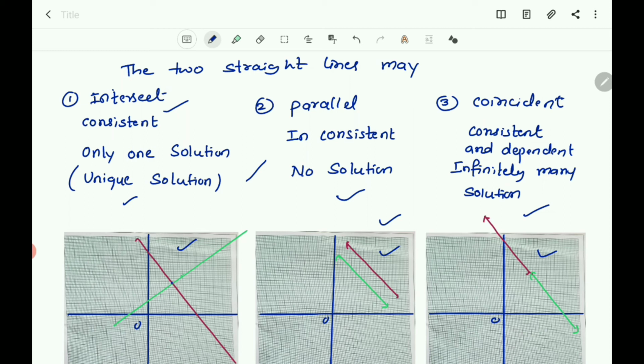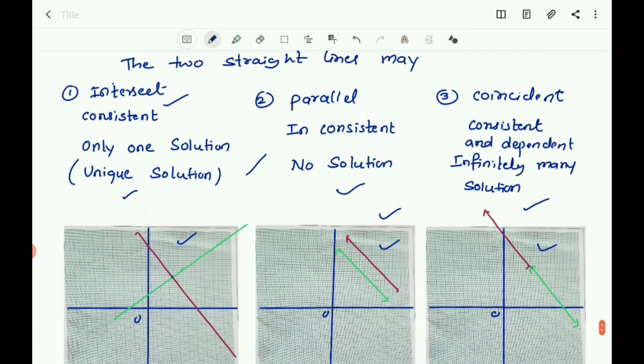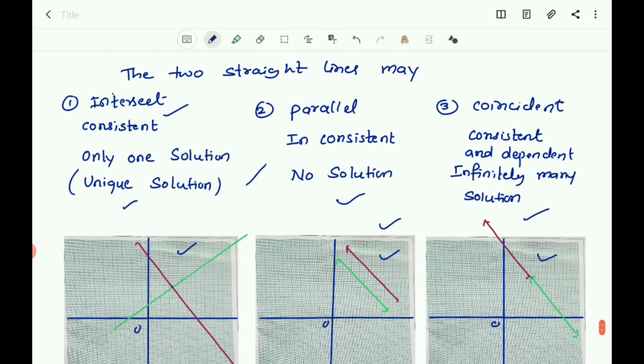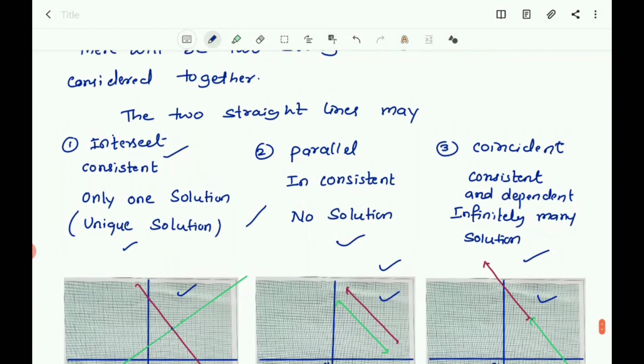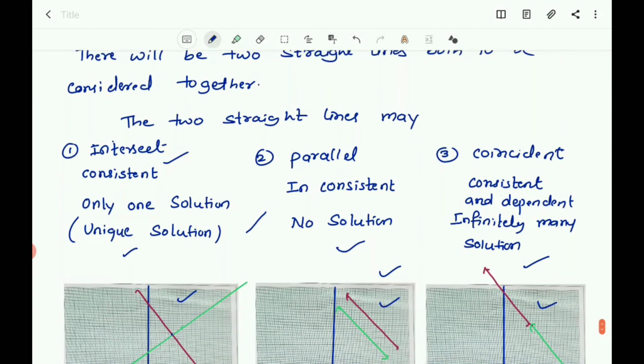And if they are coincident lines, we can conclude that they are consistent and dependent. Infinitely many solutions are there for that pair of linear equations. In this way, graphically we will get the solution for a pair of linear equations in two variables.